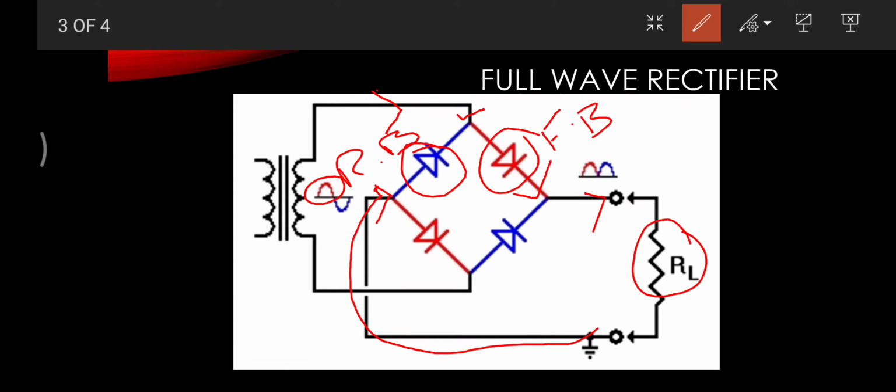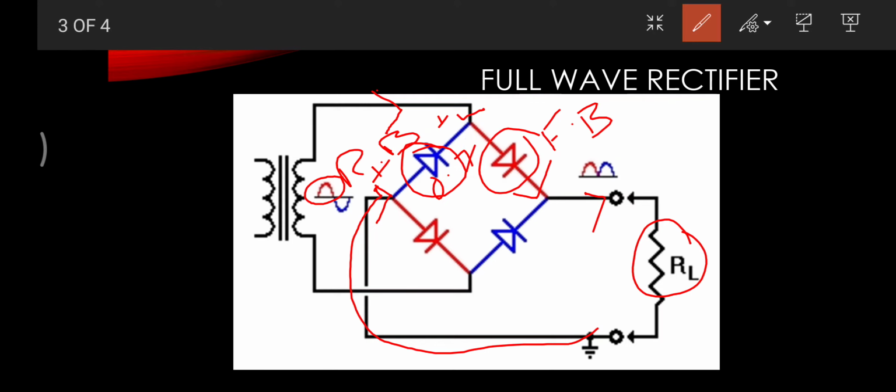Now again it has two options, this one and this one, and both you can see are in forward bias condition, however the voltage at this point and this point is the same. Hence for current to flow through a diode you need a voltage drop of 0.7 volt.